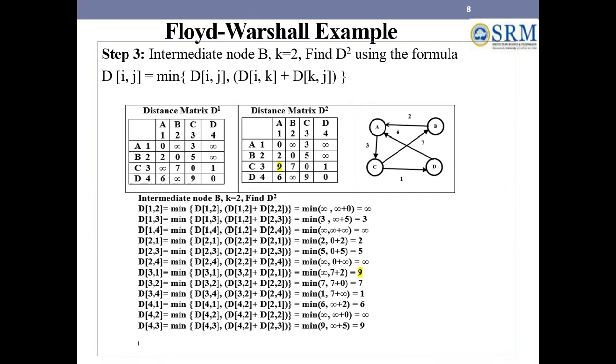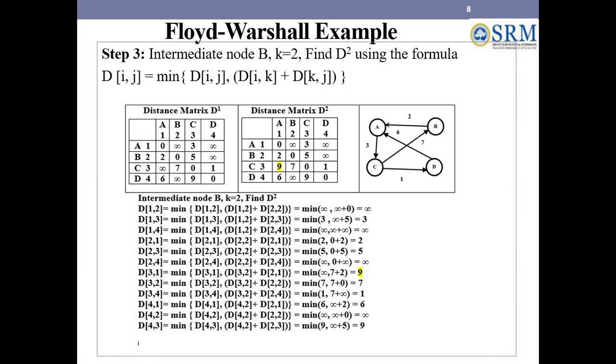Through node B, see, C to A, there is no direct edge previously. Now the step 2, intermediate node B. So through B, C to B and B to A, there is an edge. C to A, initially infinity, and now C to A through B is C to B 7 and B to A 2. So 7 plus 2 is 9.